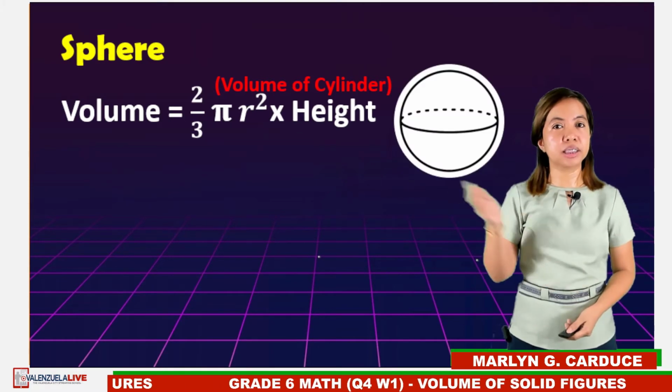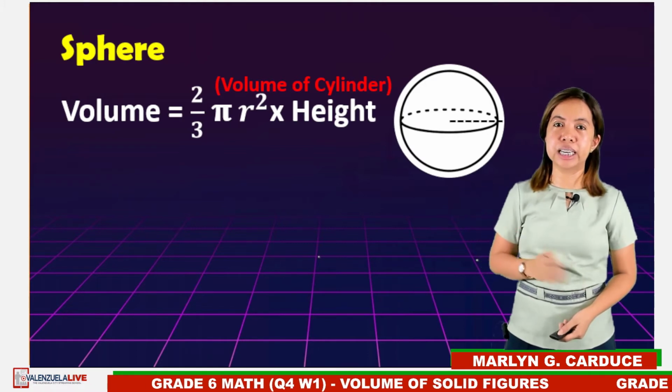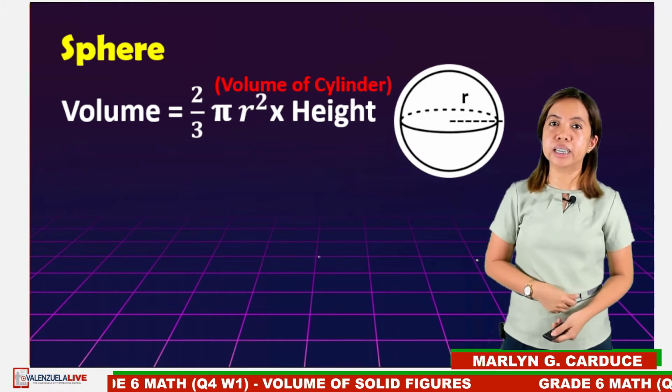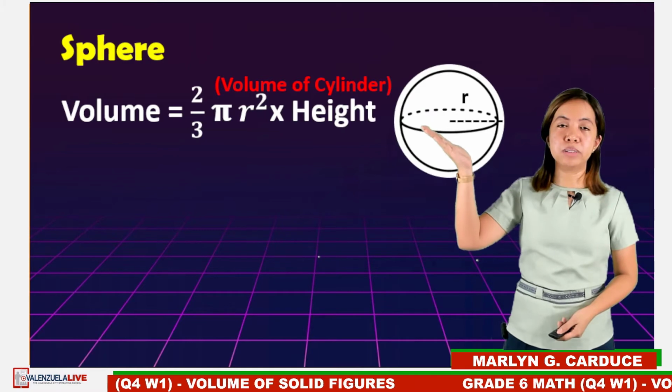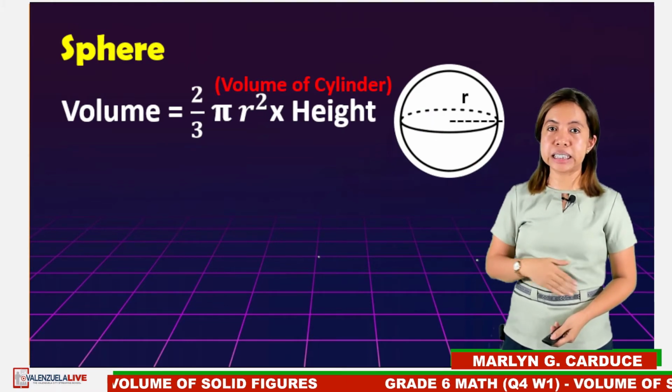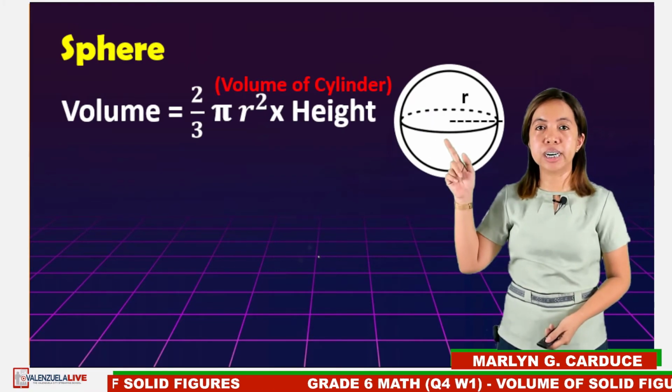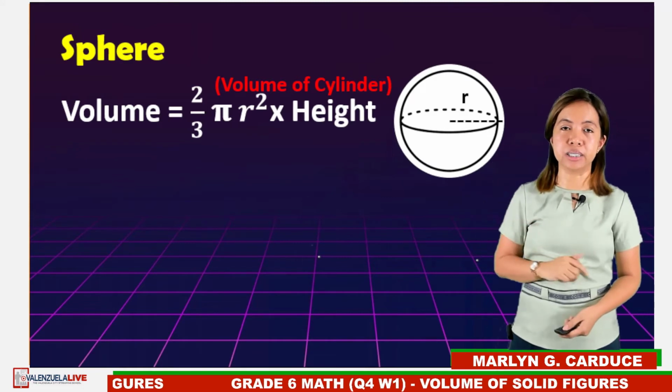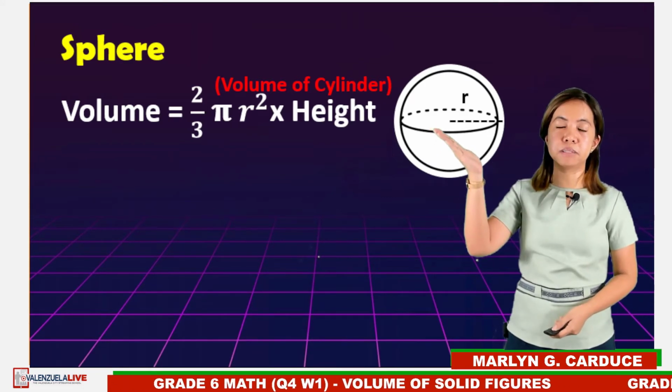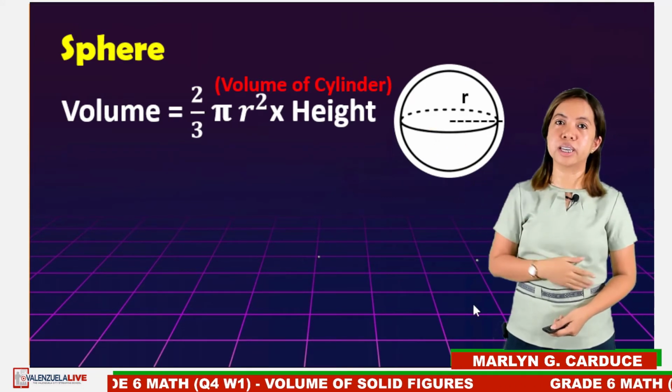But take a look, class. So in a sphere, when we say radius, that is the distance from the center to any point on the sphere. So this is the sphere. This is the radius.